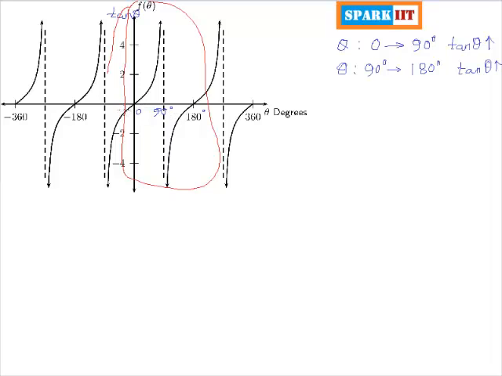In the 0 to 90 degree case, the tan theta value increases from 0 to infinity, and here it increases from minus infinity to 0. So we need to keep that in mind.